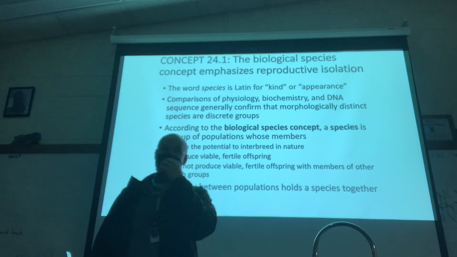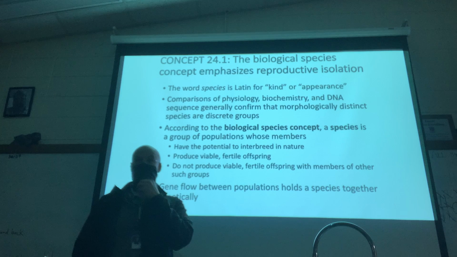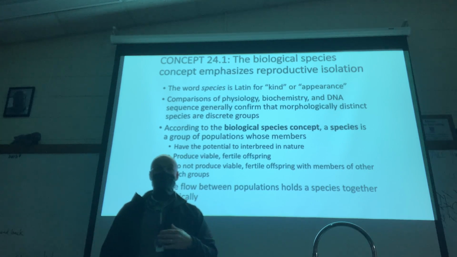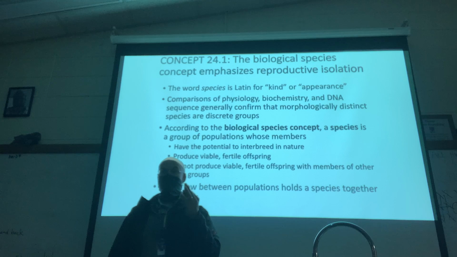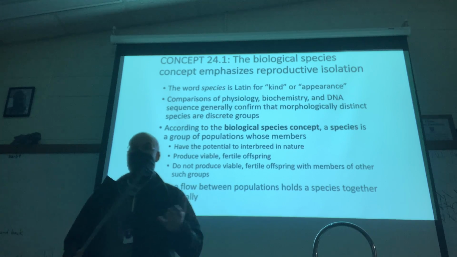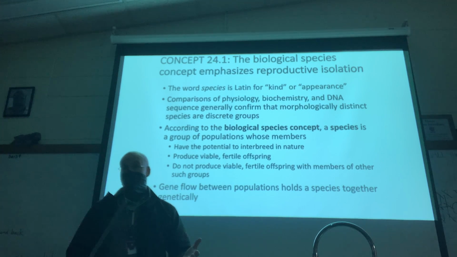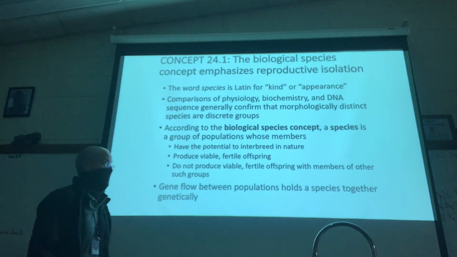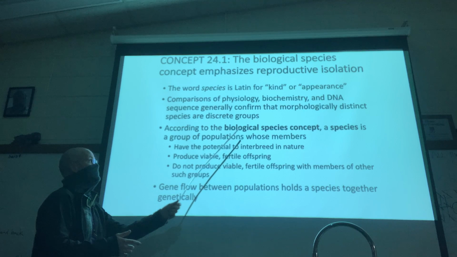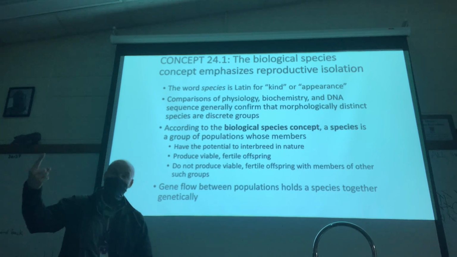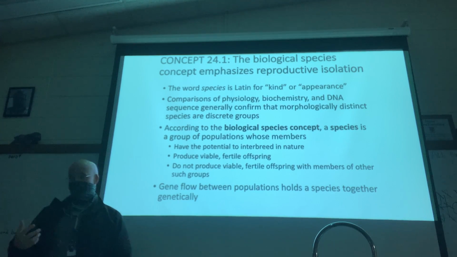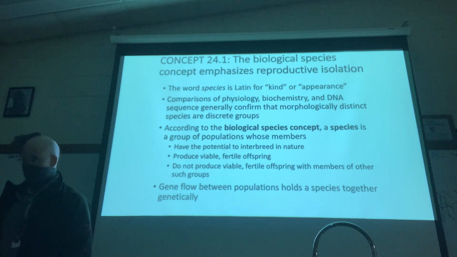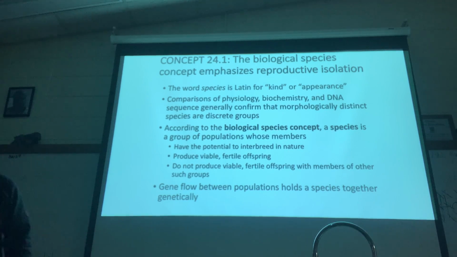But it does get a little harder when you look at, say, two different species of bird or two different species of squirrel. Sometimes they're quite similar, and you might wonder what's that line that divides them. This is one definition for what a species is. So just keep that in your head.